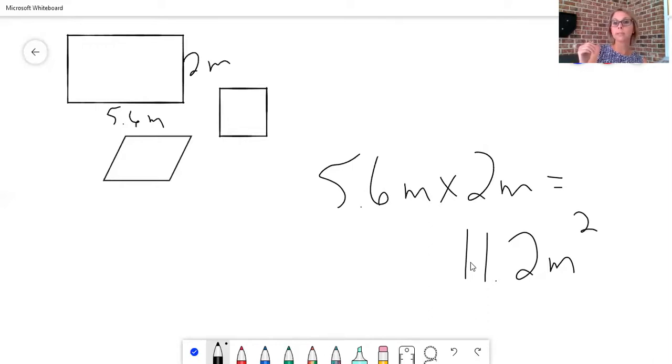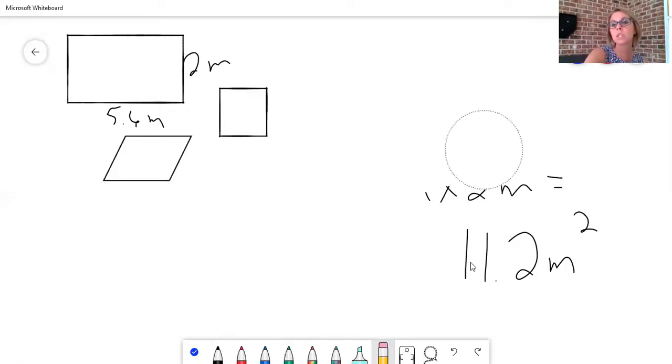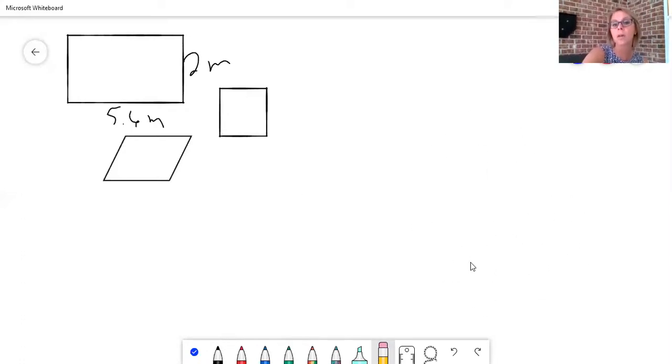All right, number 4. Now, remember what I told you about a square. All sides are the same. So you really just need to know the measurement of one side. It's 12 yards. Okay, so you just need to know the measurement of one side and square it.